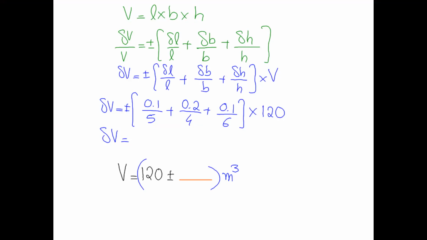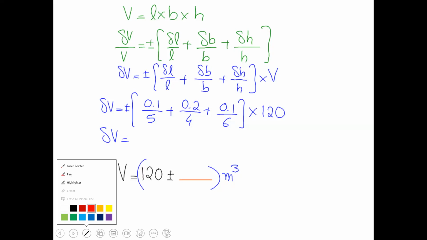Ariba, can you also share your answer if you are getting an answer? What is this: 0.1 upon 5 plus 0.2 upon 4 plus 0.1 upon 6, into 120? I'm still doing it, sir. Okay. Saad, can you please tell me what you are getting for delta V after multiplying by 120? I got 10.4, but then I converted it to one significant figure.